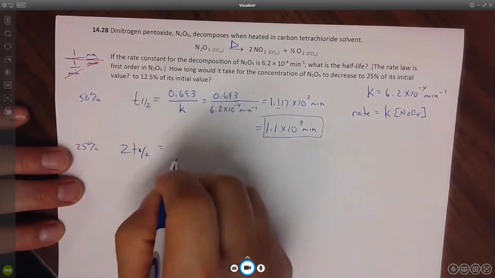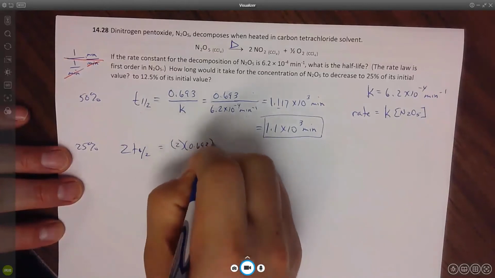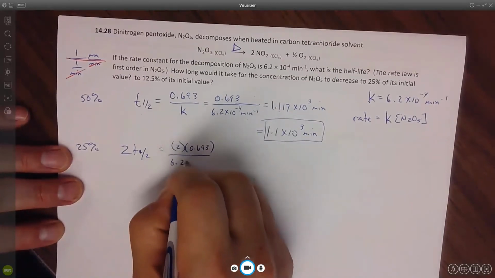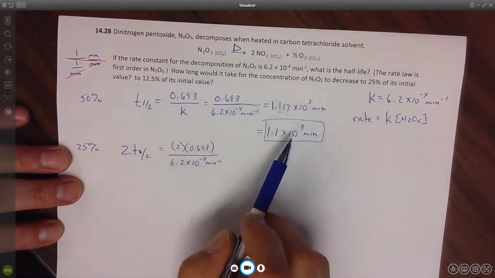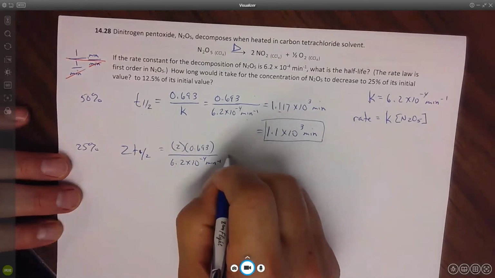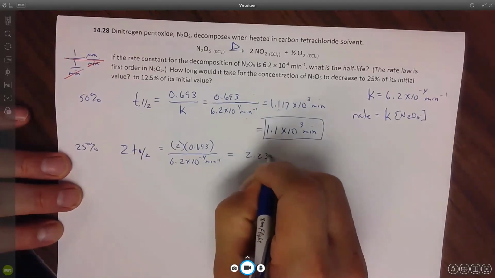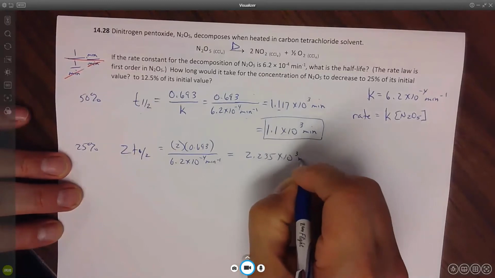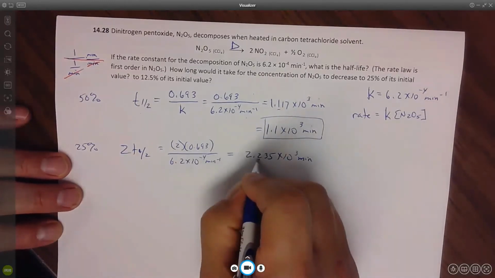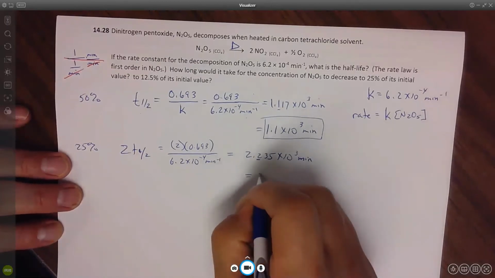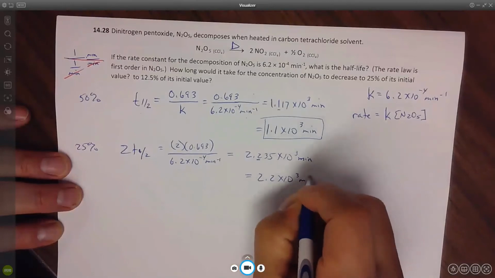So that's simply going to be 2 times this. You wouldn't have to rewrite all of this out. Just multiply that number by 2, so that's just going to equal 2.235 times 10 to the 3 minutes. Again, we have 2 sig figs, so that would be equal to 2.2 times 10 to the 3 minutes.